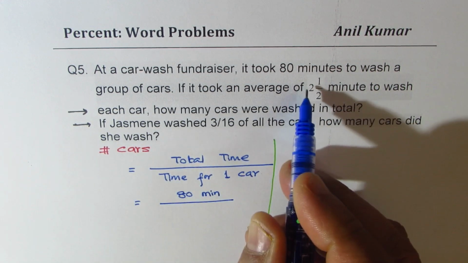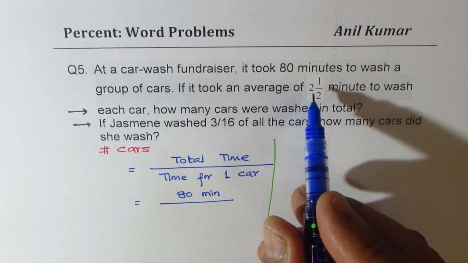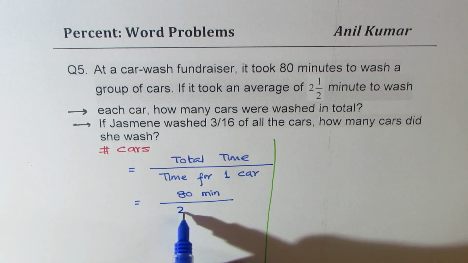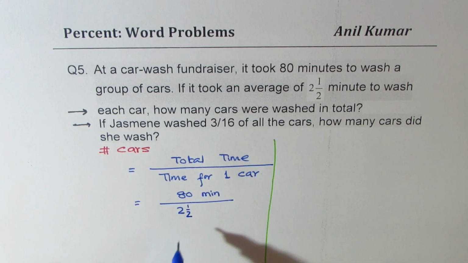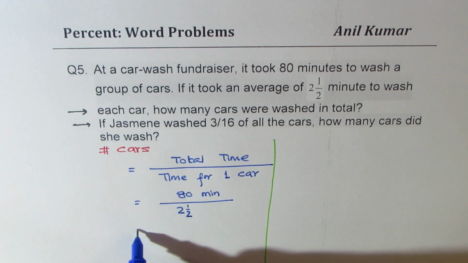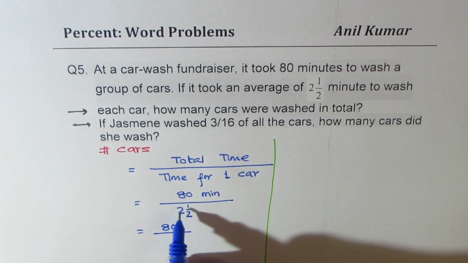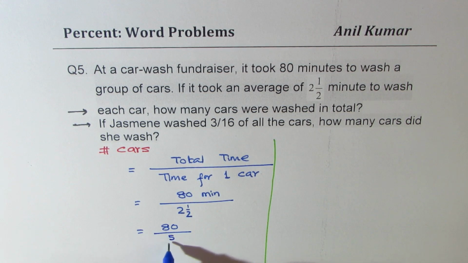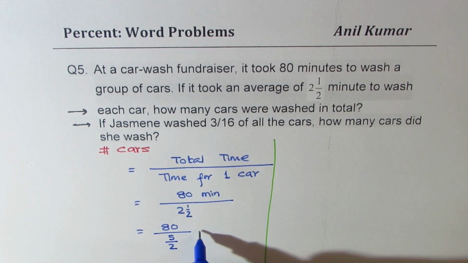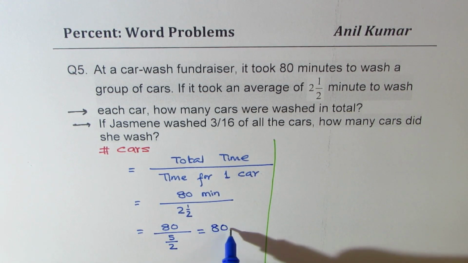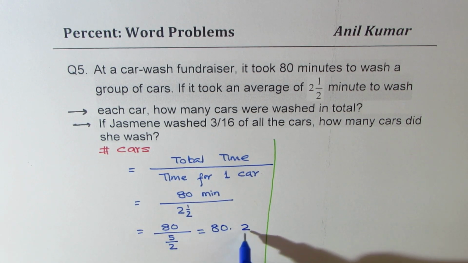And for one car, it is 2.5. Now 2.5, let's write 2.5 here. Now you could use 2.5. You could also use this as a fraction. So we say 80 divided by 2 times 2, 4, and this is like 5/2, correct? Which could be written as 80 times 2/5.